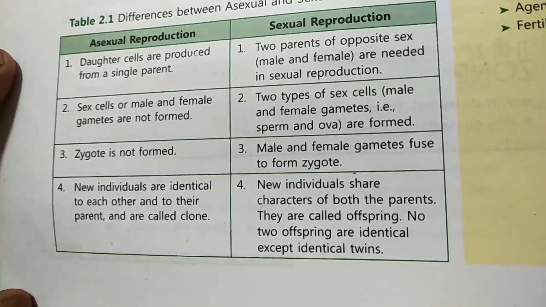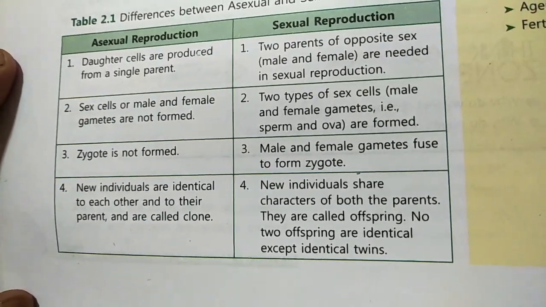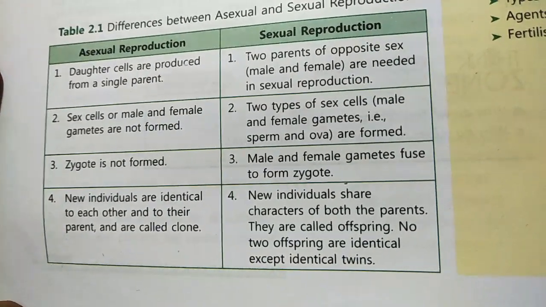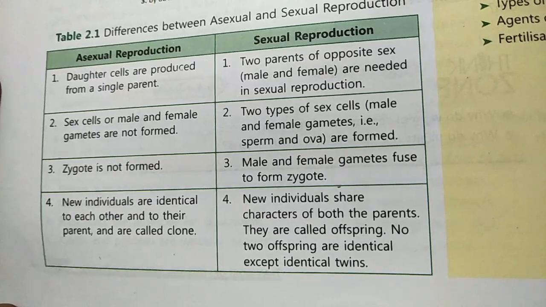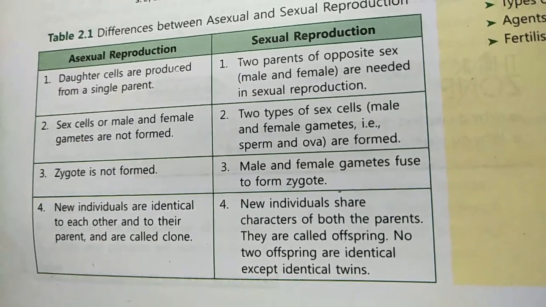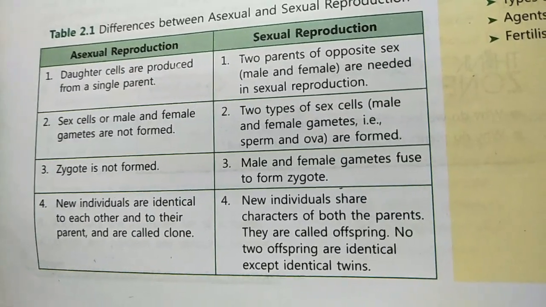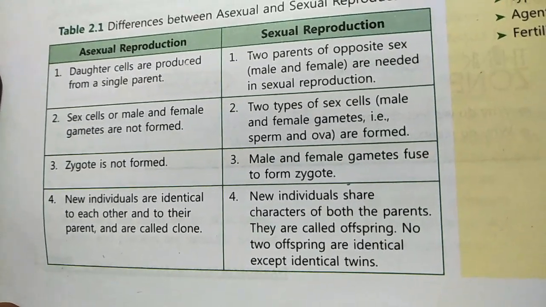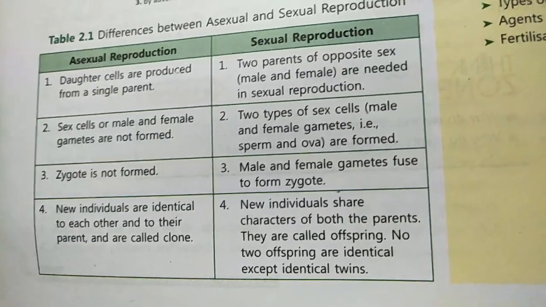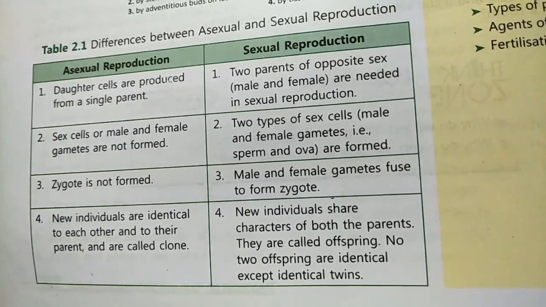We know that. Now, new individuals are identical to each other and to their parents, and we can call them clones. So in asexual reproduction, an exact replica of the parent is formed. We can say it is just like the parent. Okay, it will have the same characteristics of the parent.